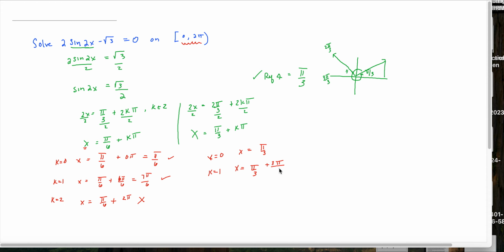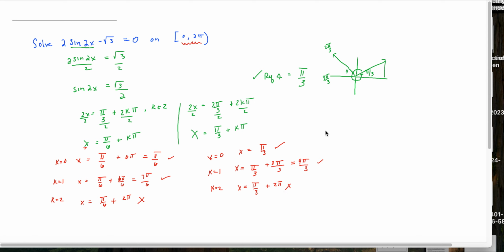Since I want a denominator of 3, we'll look at it as 3 pi over 3. So that gives me 4 pi over 3. Again, still less than 2 pi. So far I have these two. And then similarly, if I look at k equals 2, I would be adding 2 pi to pi over 3, which of course would be greater than 2 pi. So that's where I would stop.